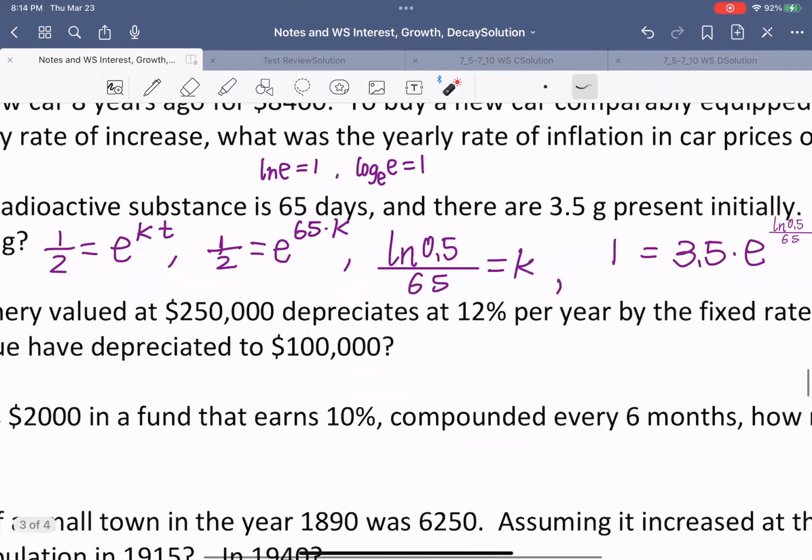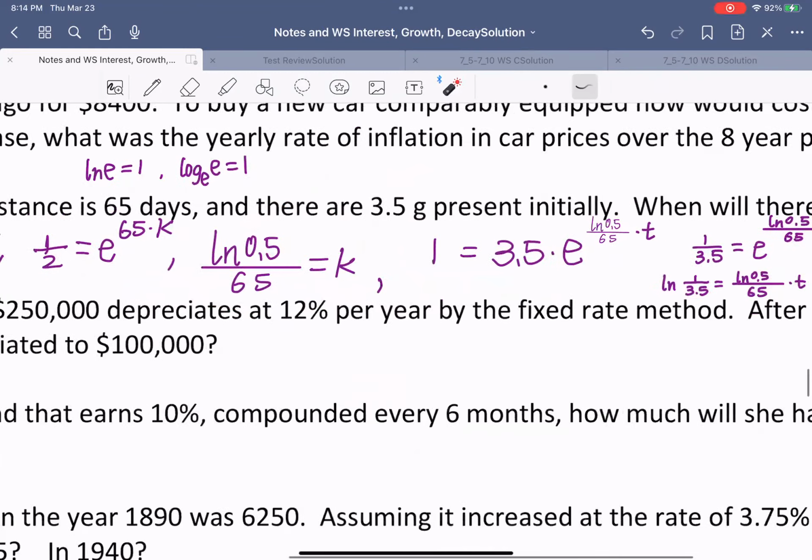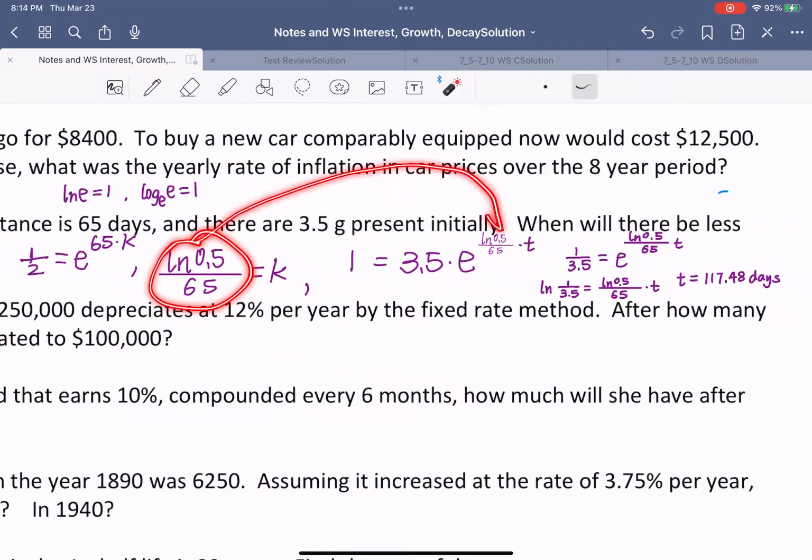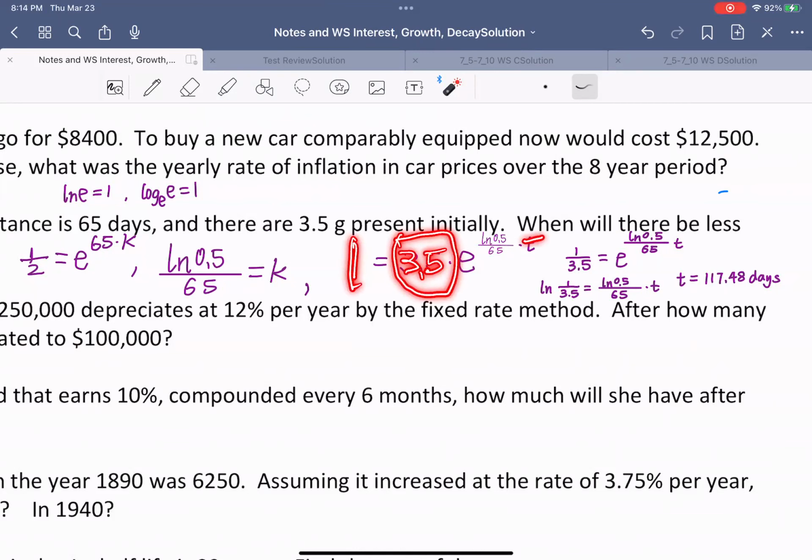Yes. After you have this k value, you are going to put this whole thing as your new model here. This is the same model, but the values here changed. This is 1 here. This is 3.5 here. 3.5 is the initial, 1 is your final new one. They ask you after how long you will reach 1.